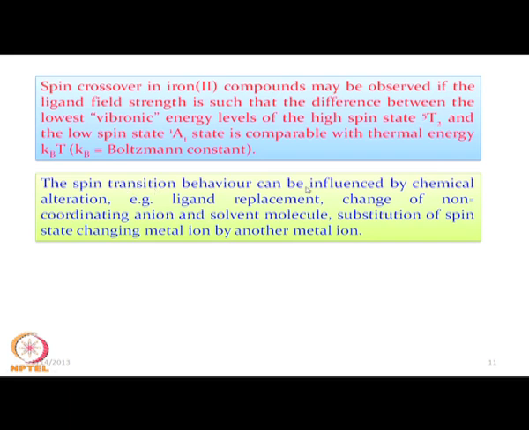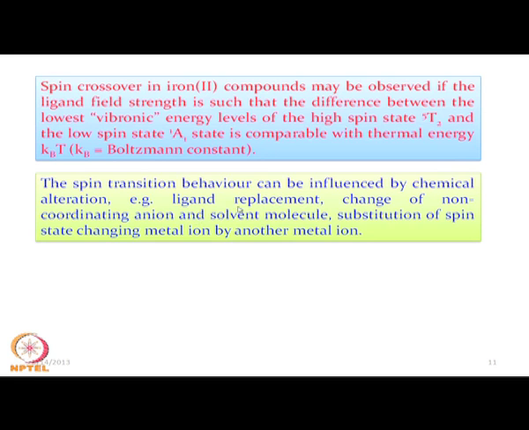Then the spin transition behavior can be influenced by chemical alteration. We all know the ligand replacement, the change of non-coordinating anion, the solvent molecule, substitution of the spin state changing metal ion by another metal ion. So, these are the things we can use to control the corresponding spin transition, whether we will be getting the high spin molecule or the low spin molecule.